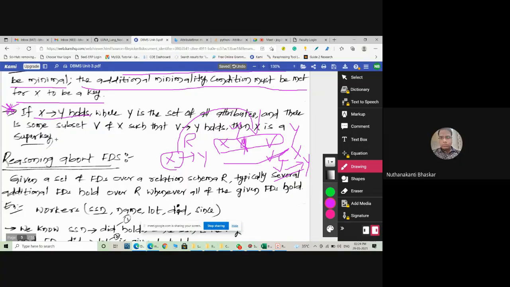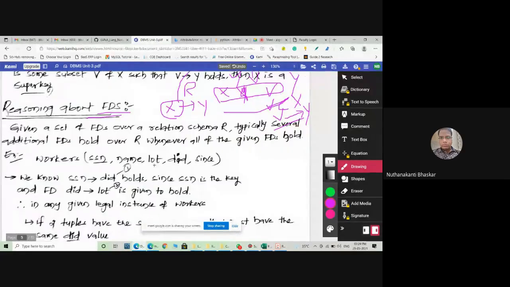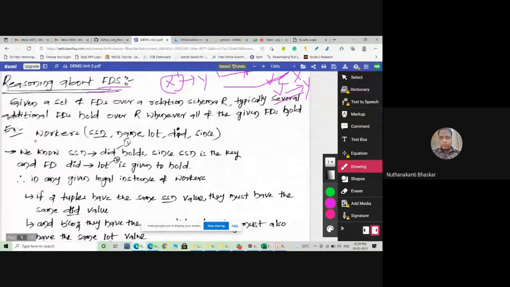Yes, sir. Right. Now coming to reasoning about FDs. FDs means functional dependencies. How are we going to define them? Very simple. For example, take one entity, Workers. Here SSN is the primary key, underlined. Name is another attribute, LOT is an attribute, DID, department ID, and since.